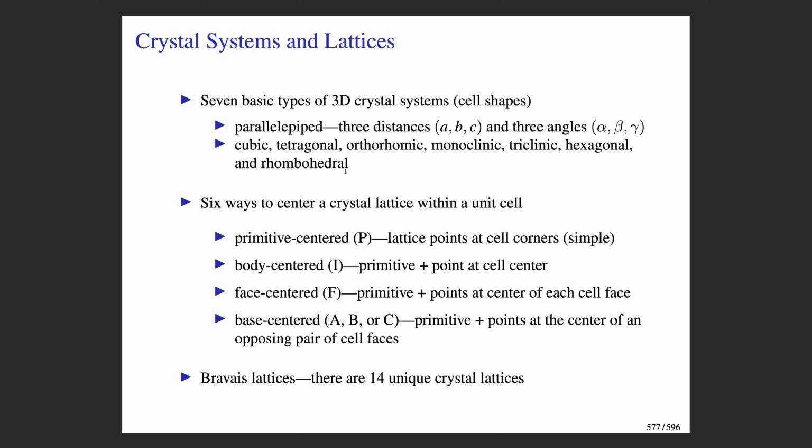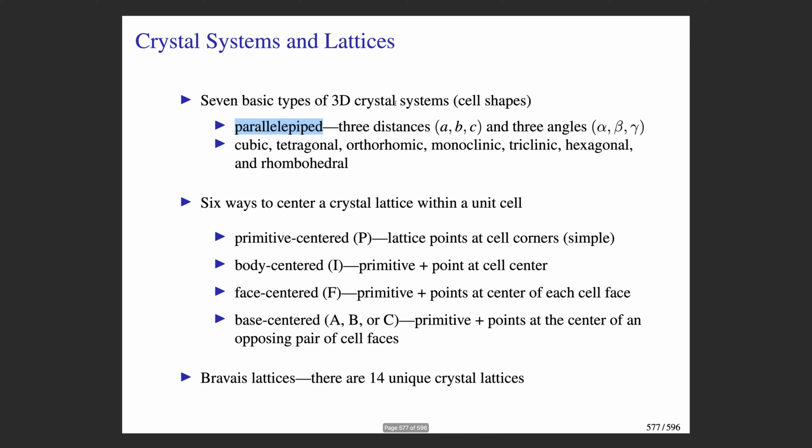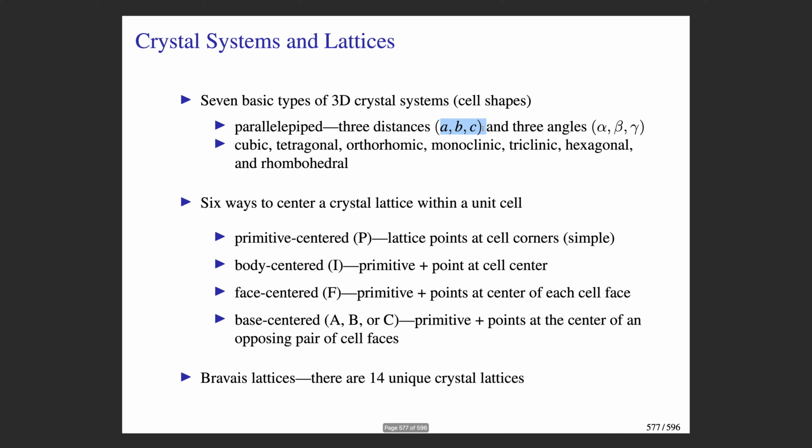We'll look at some pictures of them in a minute. These different crystalline systems can be characterized as a parallelepiped that consists of 3 distances, which are labeled A, B, and C, and then there's 3 angles, alpha, beta, and gamma.